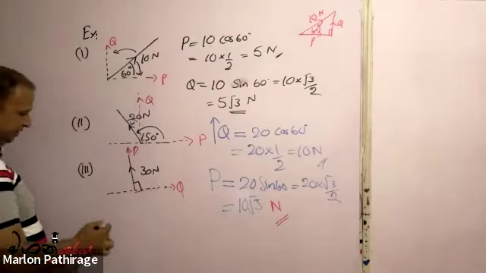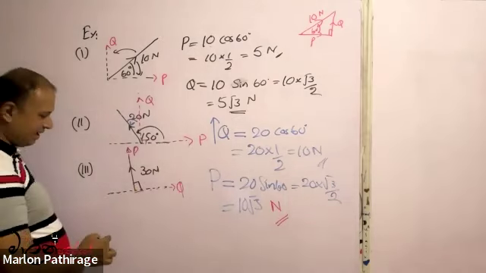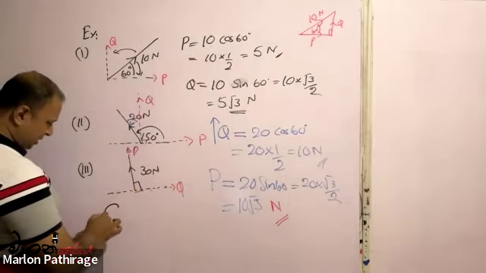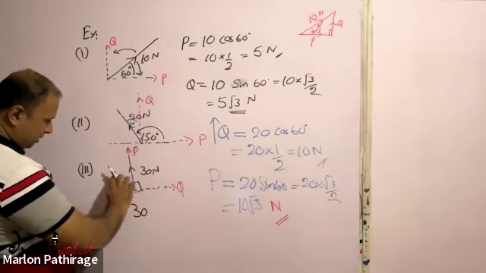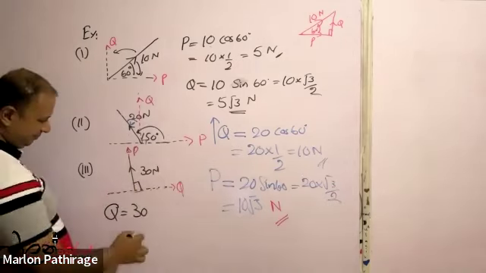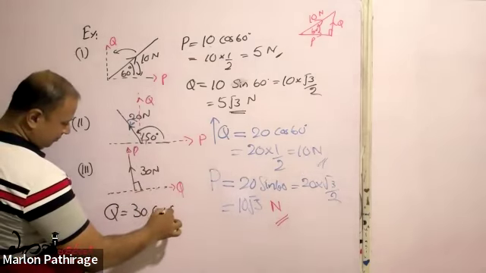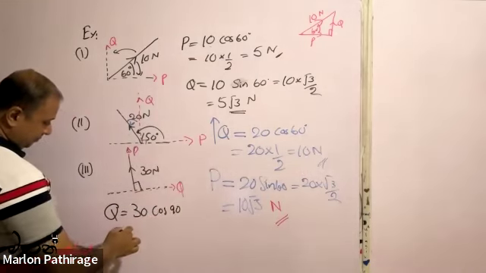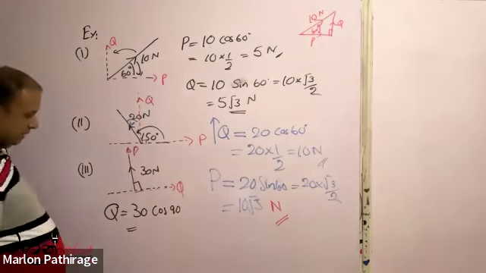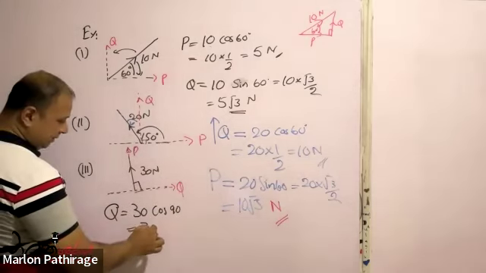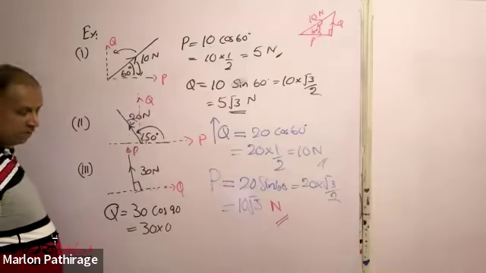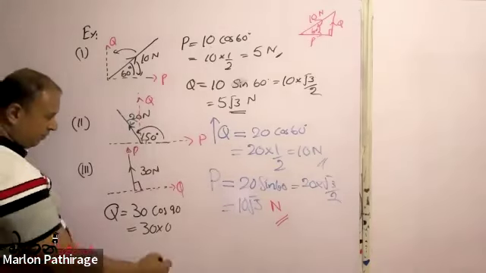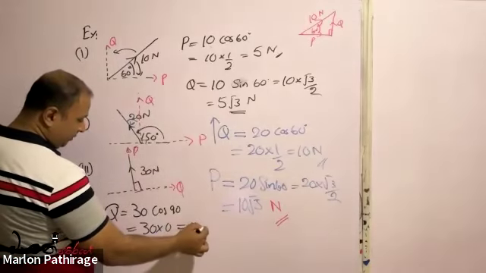Okay. Here the angle is 90. Angle is 90, therefore I can write Q is equal to 30 Newton cos 90. 30 Newton cos 90 means it is 0. Cos 90 is 0. Therefore, the component is 0.